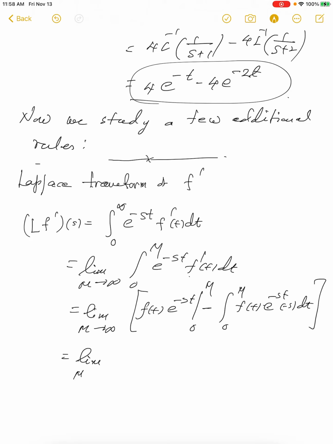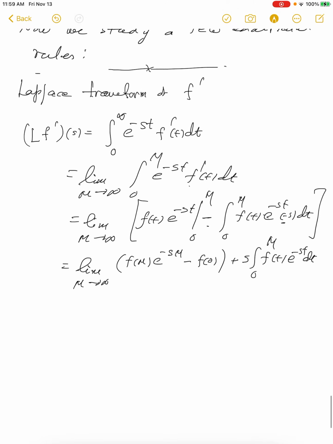So this is going to give you, as m tends to infinity, f m times e to the minus sm minus f 0 times e to the 0, which is 1, and minus and minus gives you plus s times the integral from 0 to m of f t e to the minus st dt.